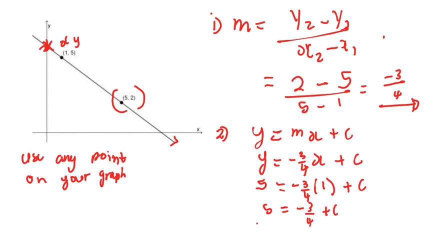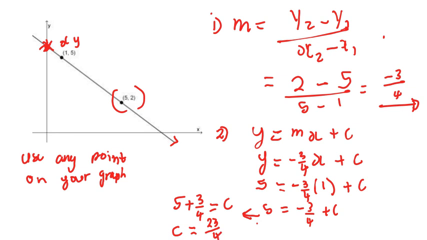Transpose means you're taking it to the other side, so it changes the sign. It's going to be 5 plus 3 over 4. That gives you 23 over 4 if you punch it in the calculator. So our c is 23 over 4.